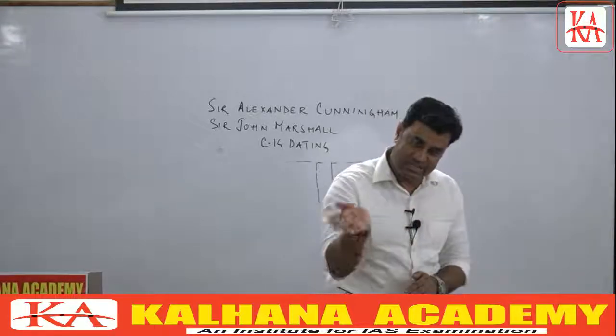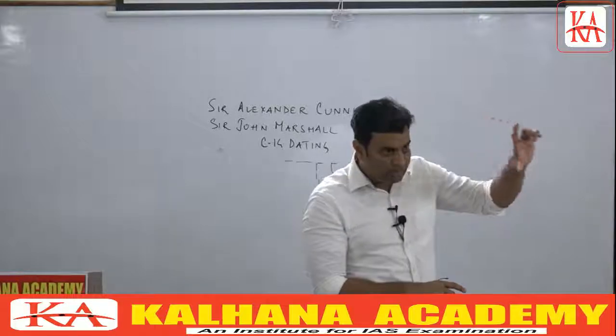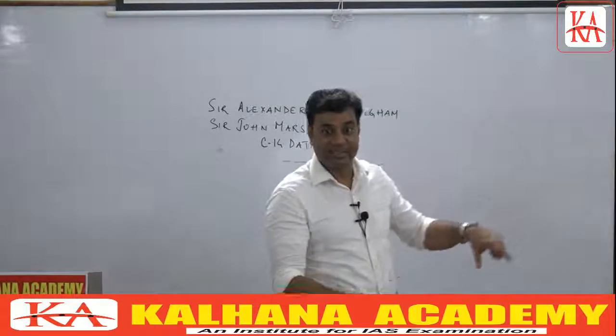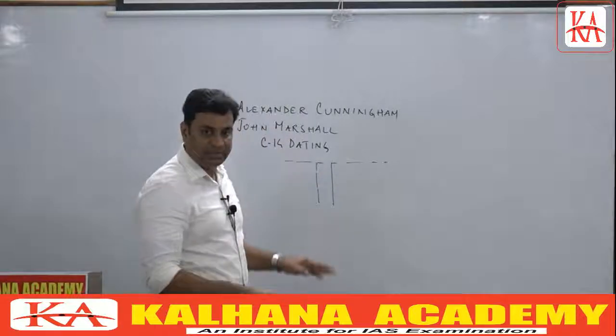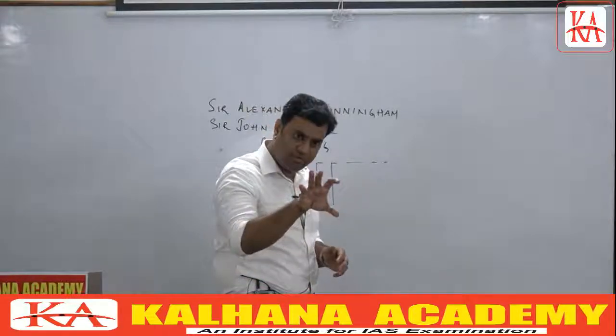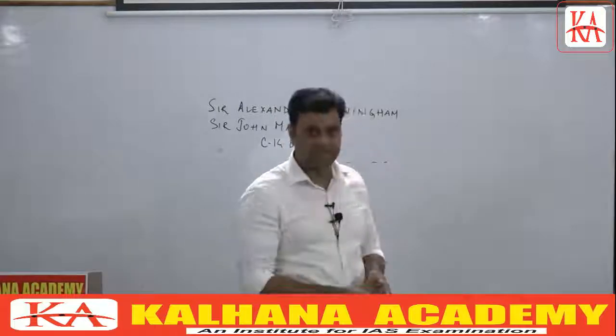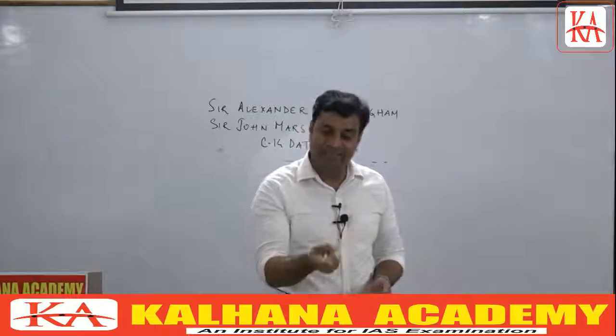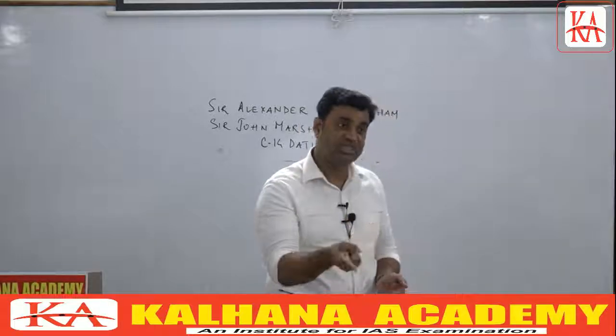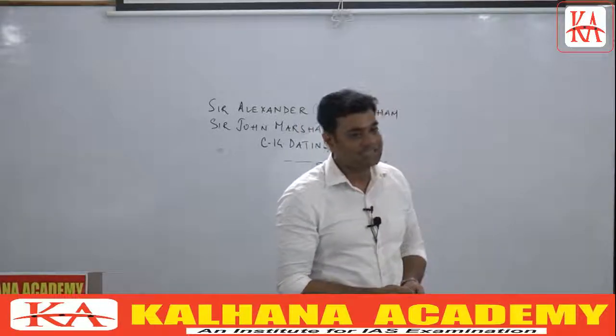As soon as that creature dies, the accumulated carbon, that is the radioactive isotope of carbon known as C14, starts to decompose from that point. Clear? And the pace of decomposition is also constant in nature.